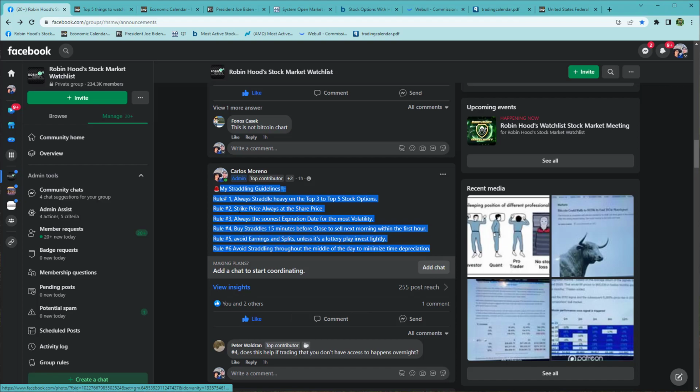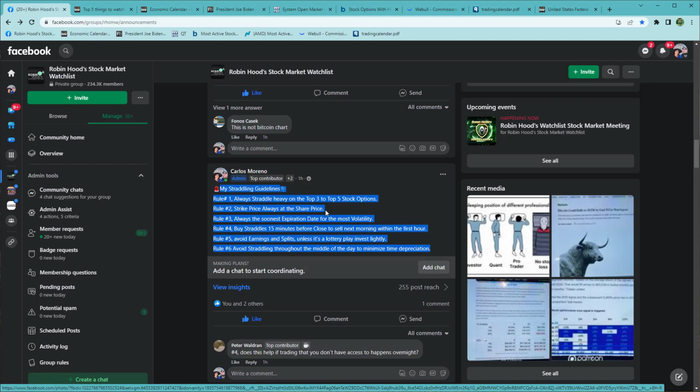And so rule number 2, strike price always at the share price. The reason is that we want to have the least amount of depreciation. If you pick a strike price that is beyond the share price, the system may think it may not reach that, and it's going to provide more time decay, and you're going to lose more value.